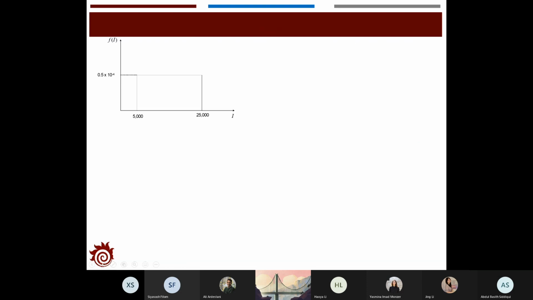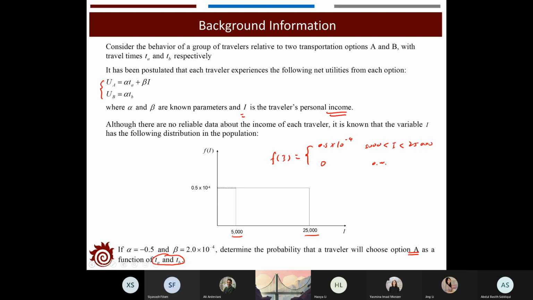Now let's see how we can get the solution. For this problem, finding the probability of choosing option A indicates the probability of UA higher than UB. This is what we actually want to find.